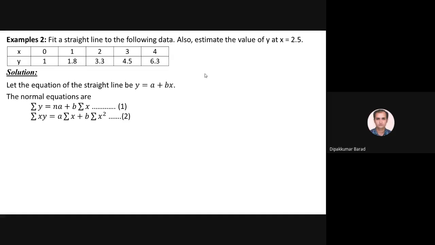Summation x square is equal to 30. Now summation xy, summation x into y.